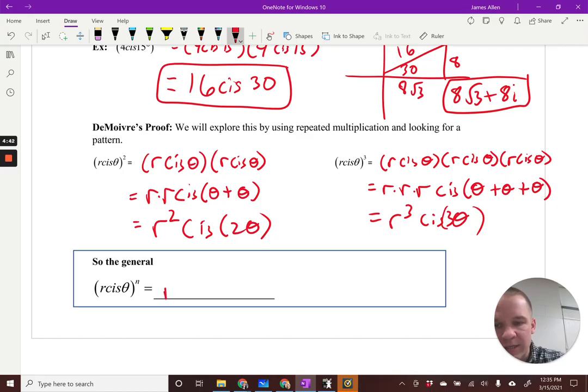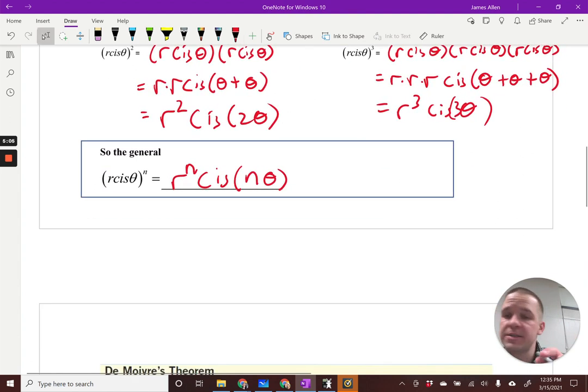In general, what we can say is that it's r to the nth power cis n times theta.